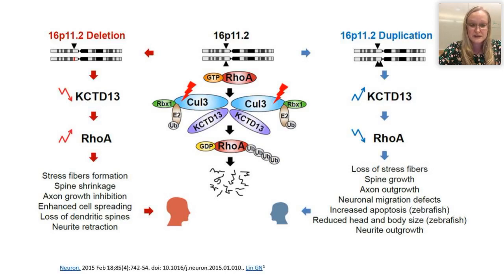This causes stress fiber formation, spine shrinkage, axon growth inhibition, enhanced cell spreading, loss of dendritic spines, and neurite retraction, which causes macrocephalic brain growth in patients with 16p deletion, shown here in red. Interestingly, in the 16p duplication cells and patients, opposite deficits have been detected.